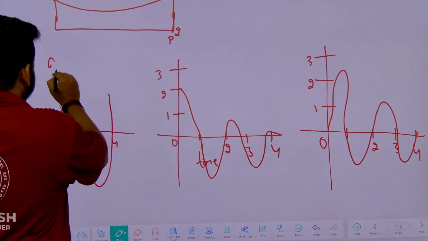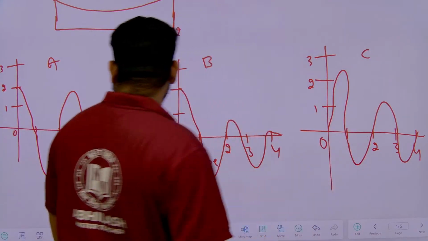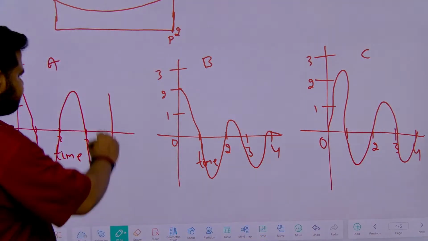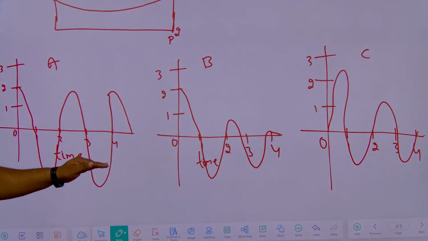This is A, this is B, this is C. Now look at this. Here x-axis is showing time, y-axis is showing position. Out of the three graphs, which of the following graph is not correct? Think correctly. Tell me which graph will not represent the figure which you have drawn.